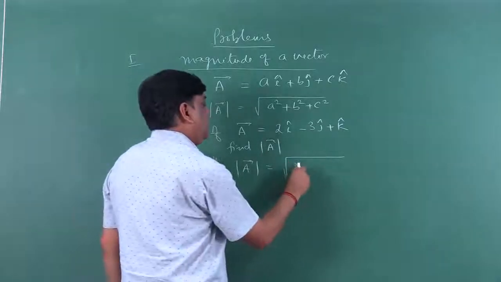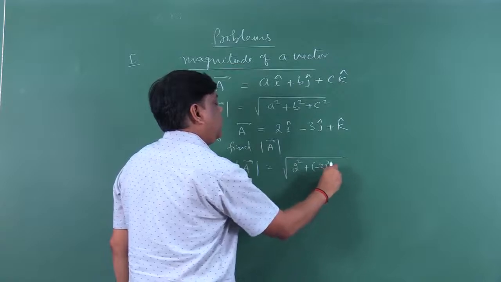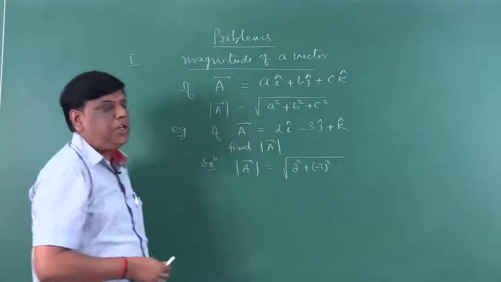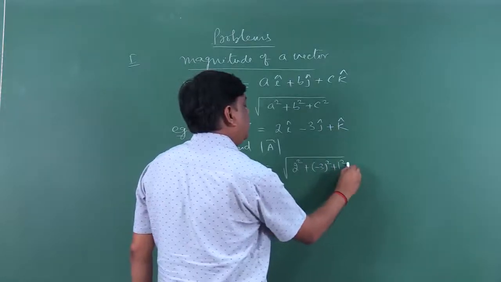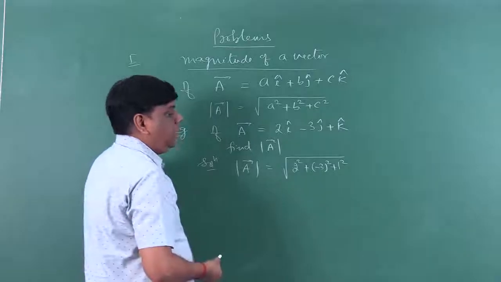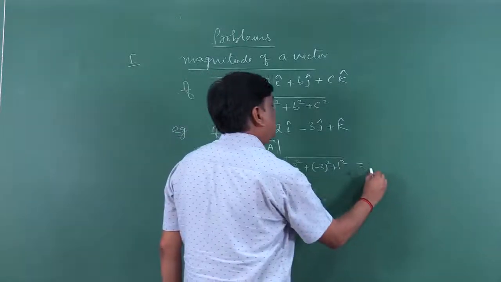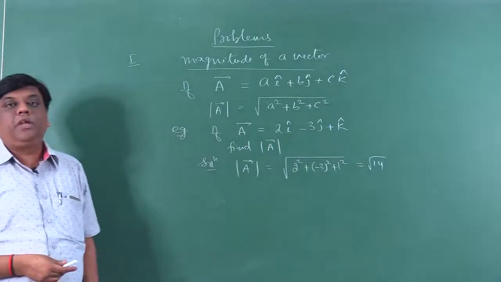So it is equal to 2 square plus minus 3 square is same as 3 square, plus coefficient of k is 1, so it is 1 square. So it is 4 and 9, that is 13, 13 plus 1, 14. So root 14 is the magnitude of this vector.